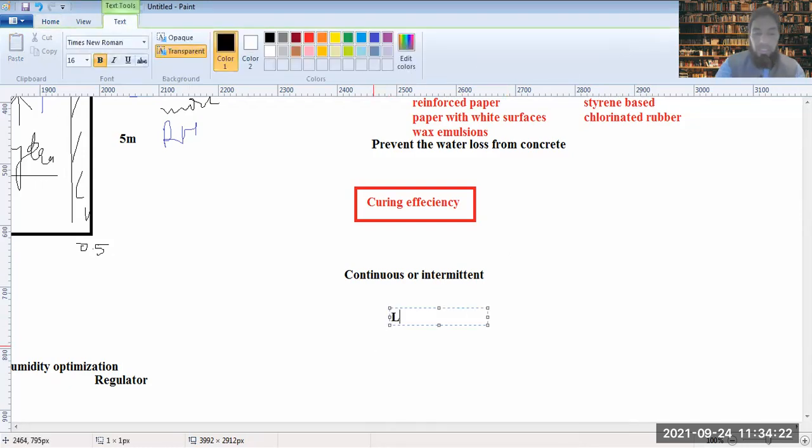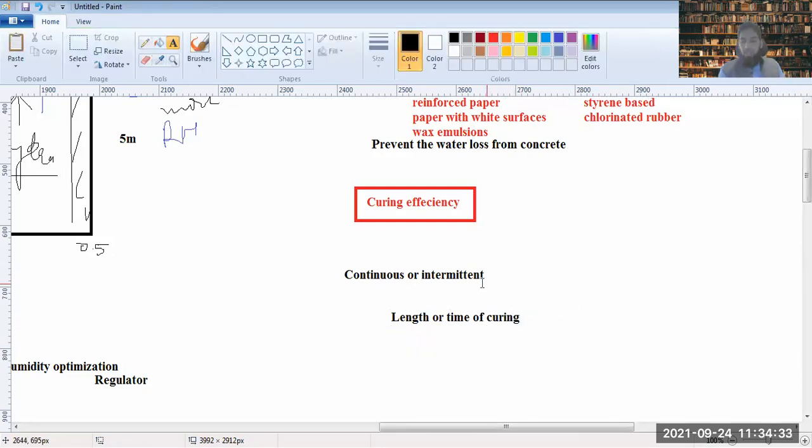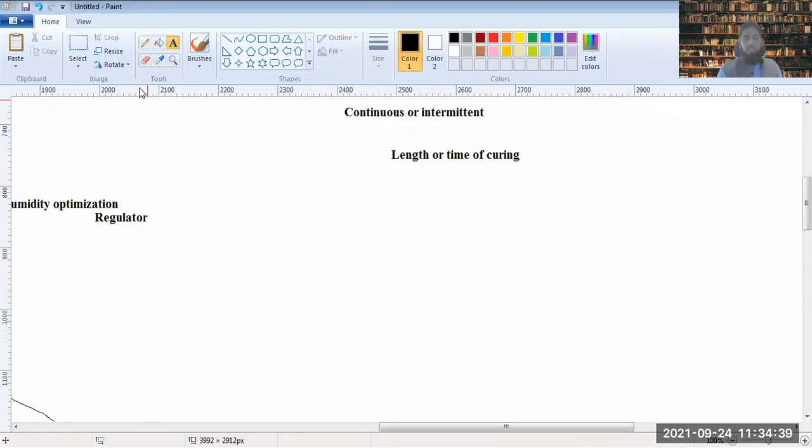How important is the length or the time of curing? So the length and time of curing is very important. That will be actually decided by different seasons.